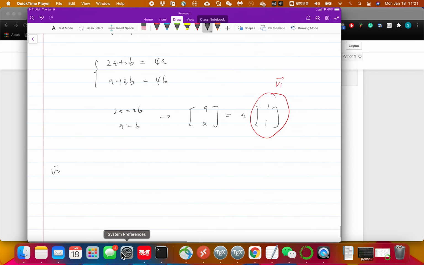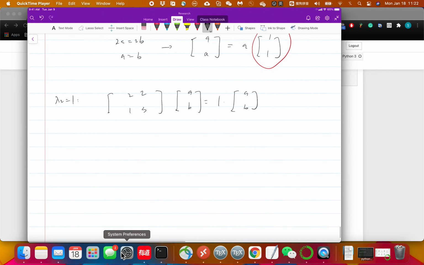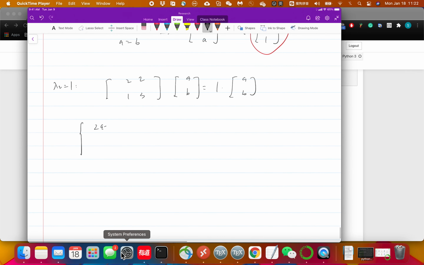Now v2. [[2, 2], [1, 3]](a, b) = 1 times (a, b), so 2a + 2b = a and a + 3b = b. This implies a = -2b.